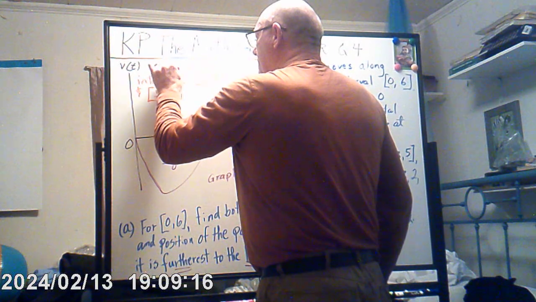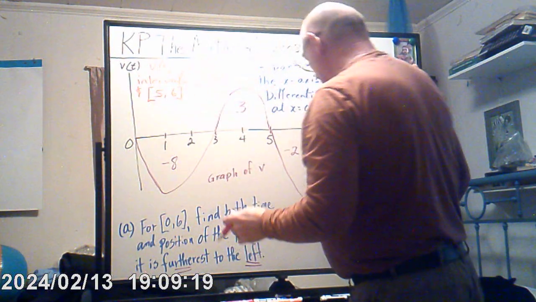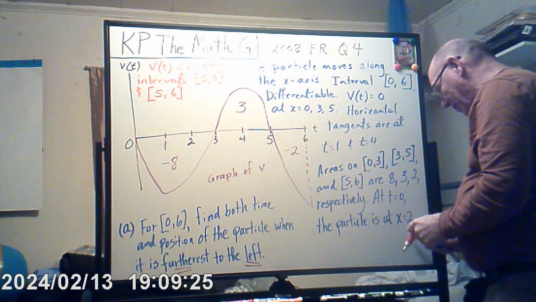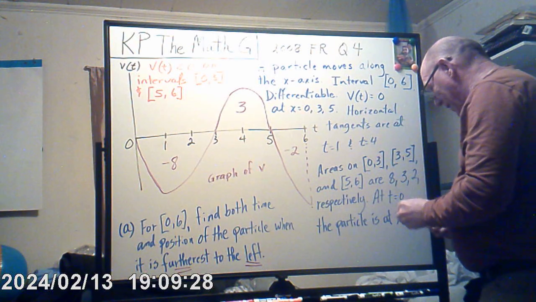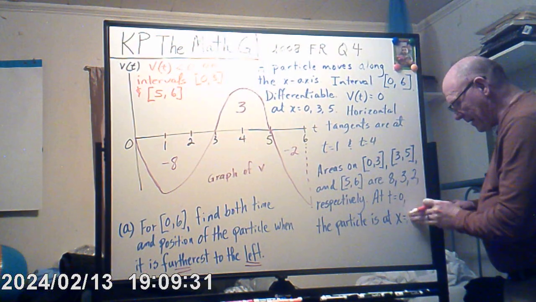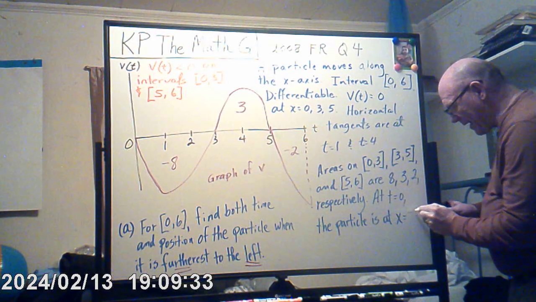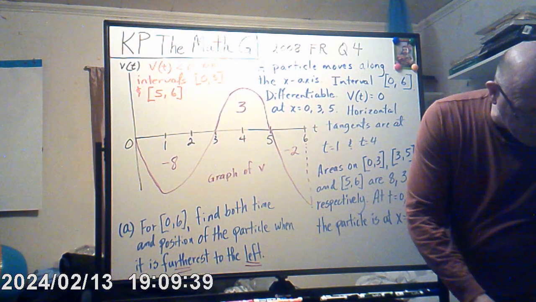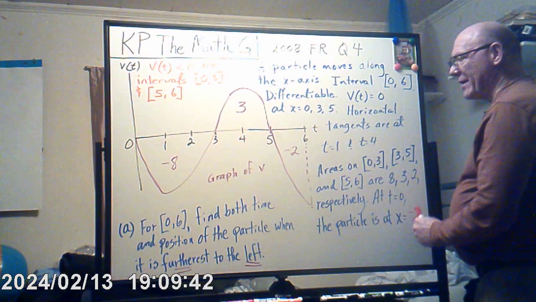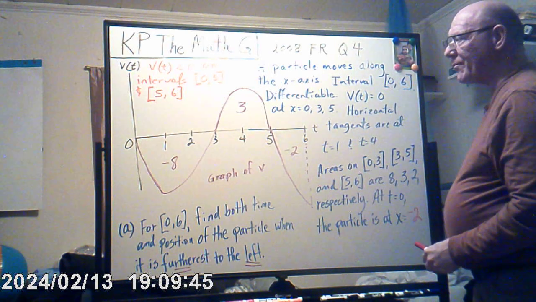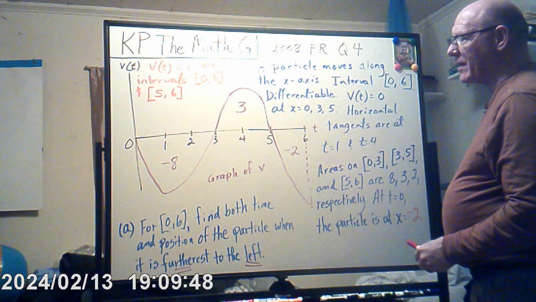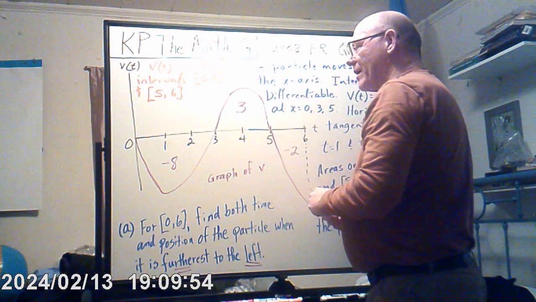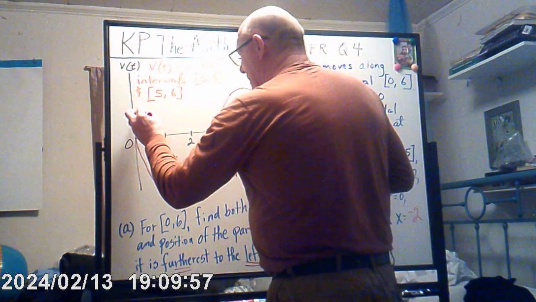Before we go any further, at t equals 0, the particle is already at x equals, and that's not 2, that is negative 2. I believe I got that right. Yes, x is at negative 2. Let's take a look at this now. We're not really concerned about the part that's greater than 0.